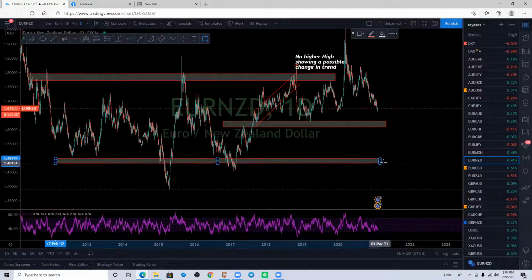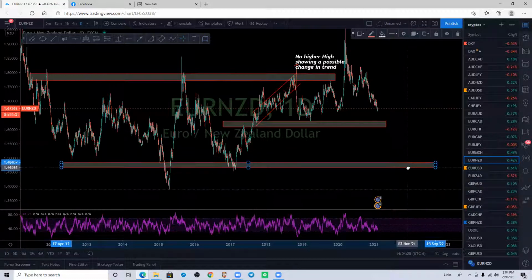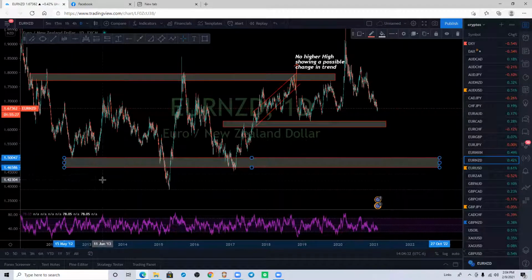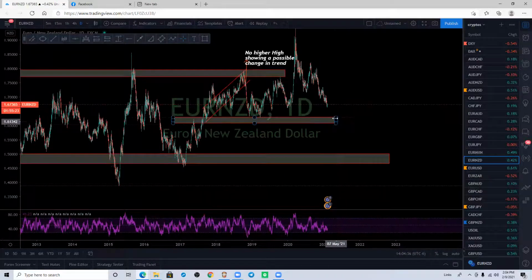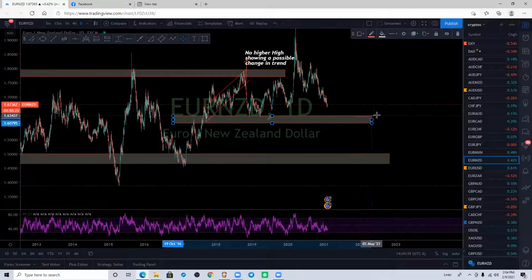So you got to get a broader perspective of how long these areas have been holding, because you want stronger indicators to get higher probability turnouts in your trades.